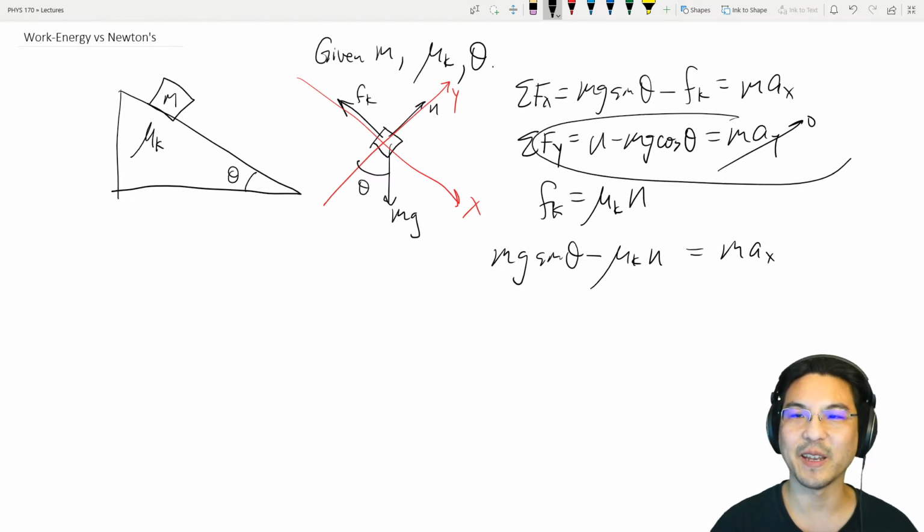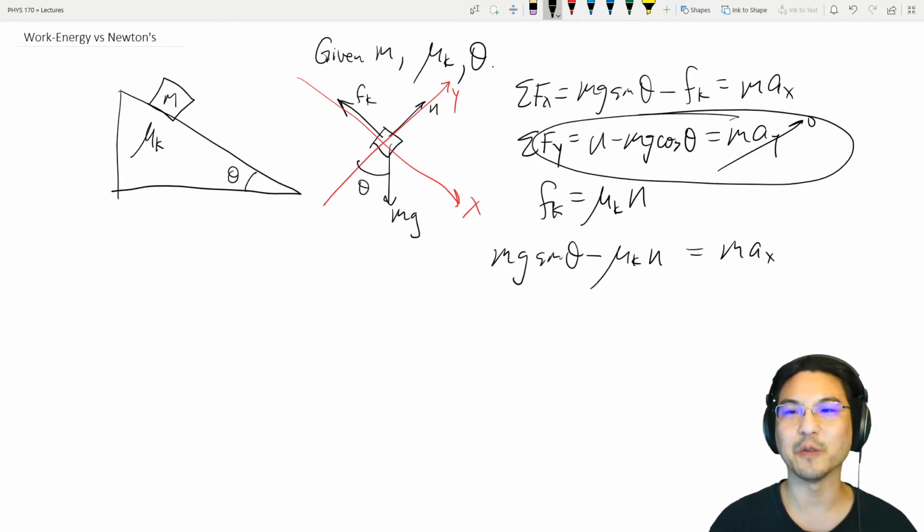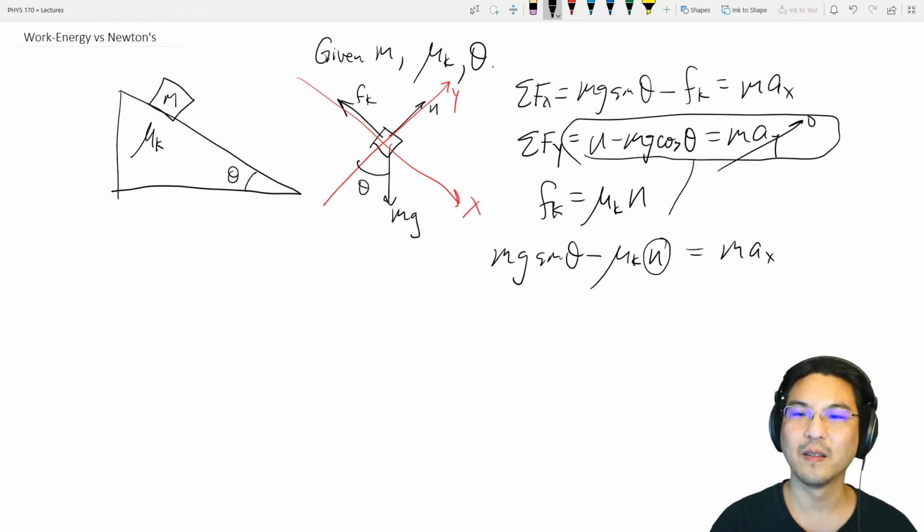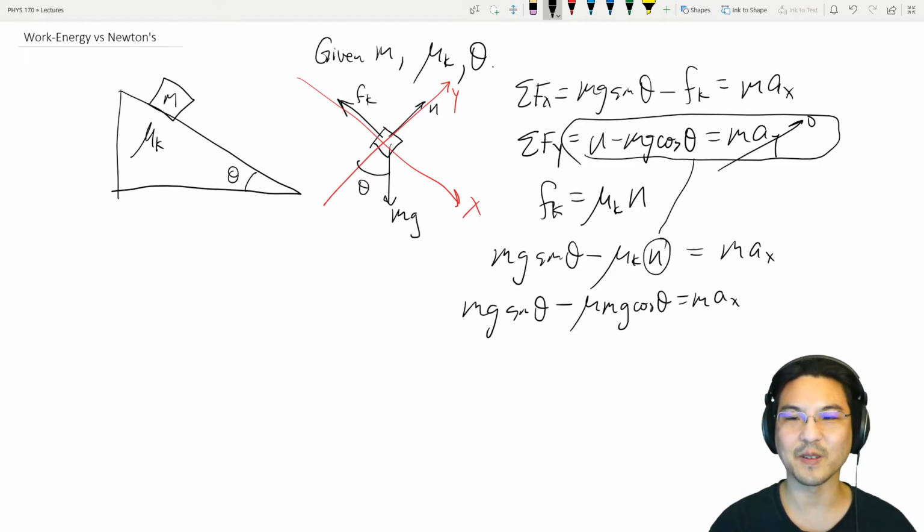This equation, N minus mg cosine theta equals 0, means N equals mg cosine theta, right here. All right, see this? So N equals mg cosine theta. Now I can solve for acceleration.